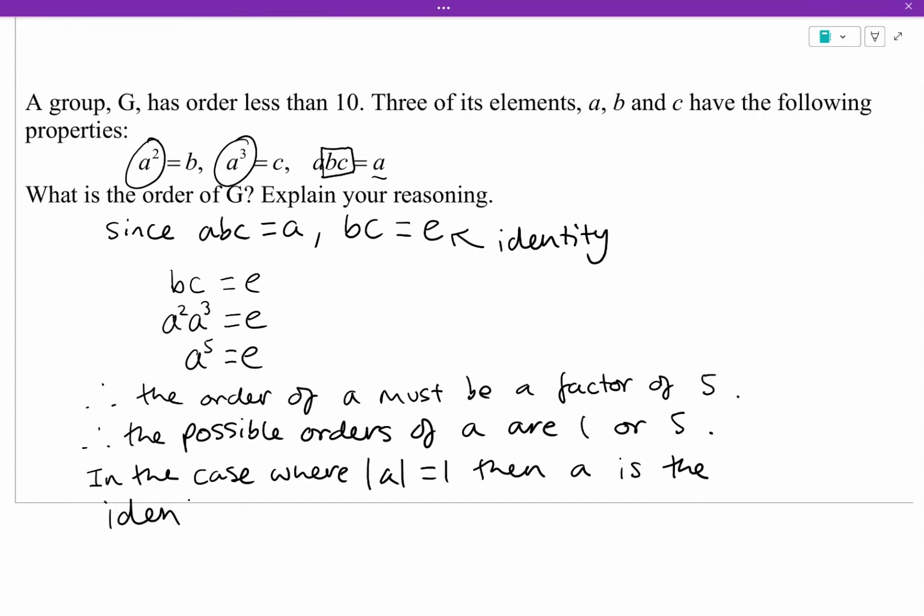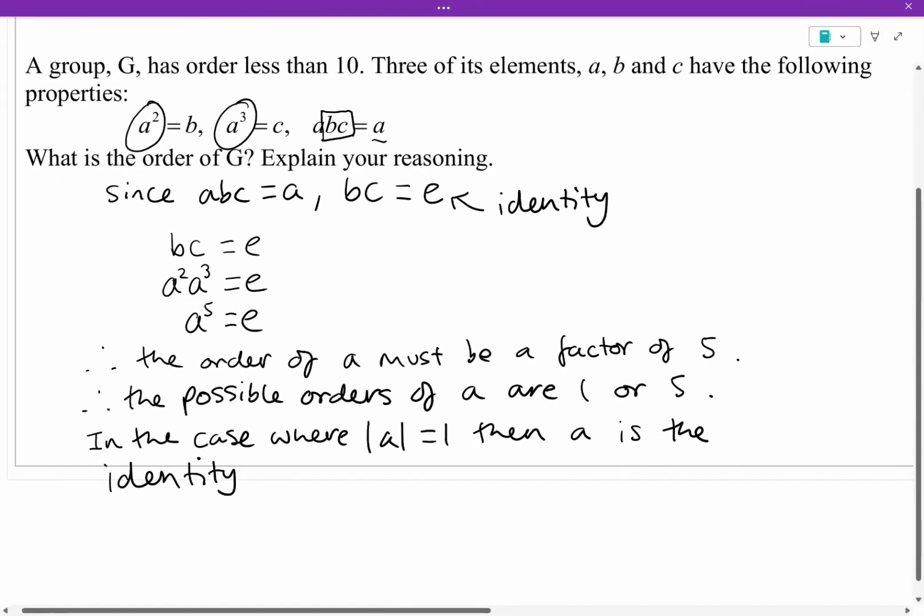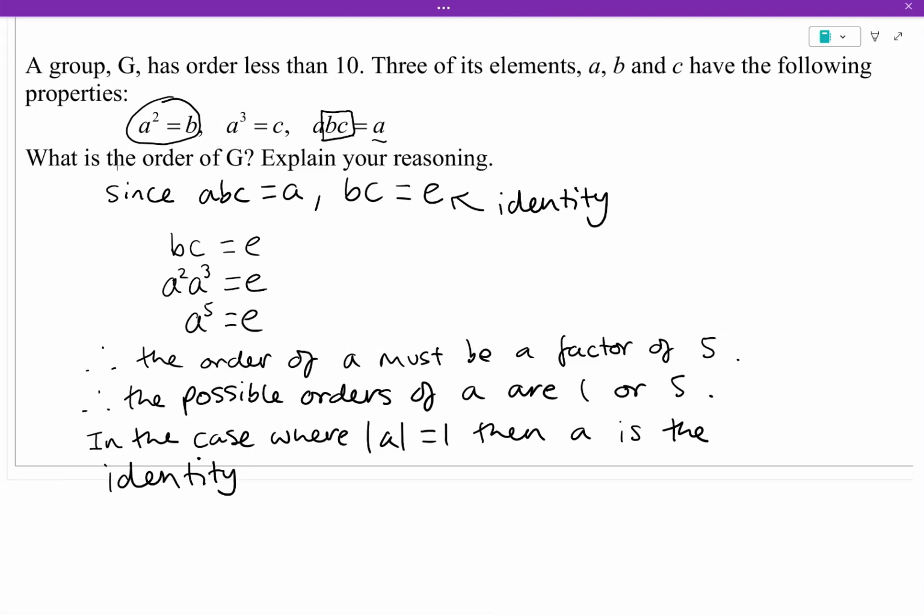Now, there's nothing that explicitly in the question says A is not the identity. However, if A combined with A is equal to B, well, that wouldn't make sense if A is the identity. Because if you have A combined with A and A is the identity, then the result should be A. So therefore, we can establish that A is not the identity.